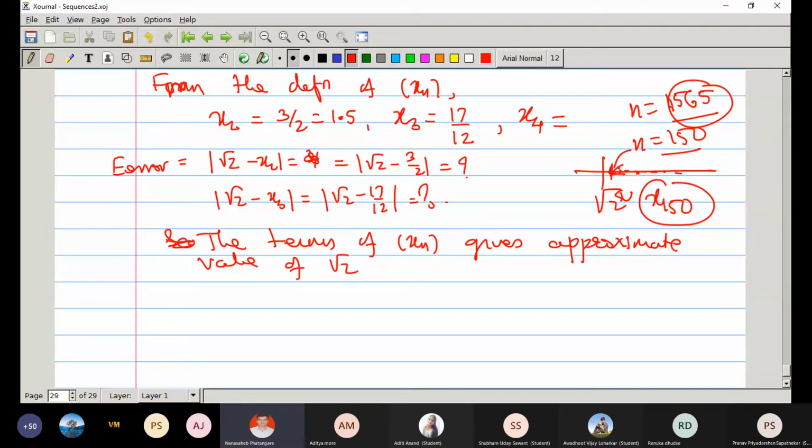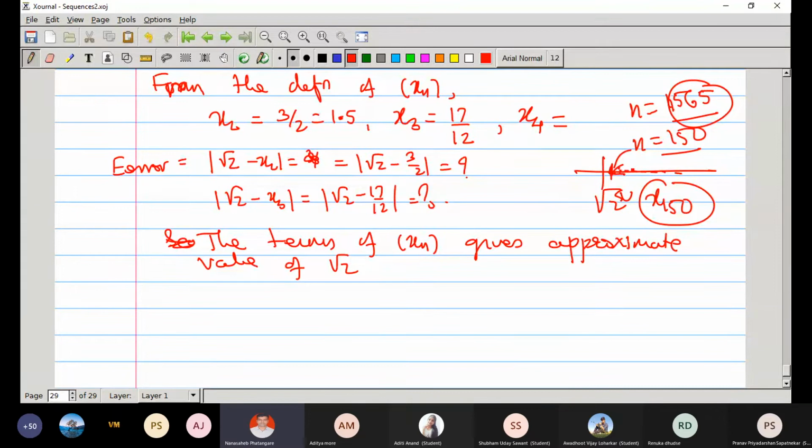Why are we studying convergence? There are many processes going on in real-life problems, and we are trying to reduce error. We are trying to approximate something. There is no model or instrument available which is 100% accurate.